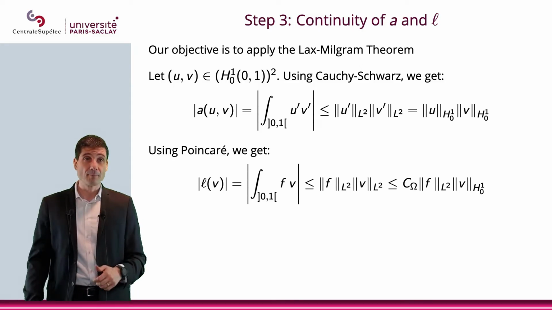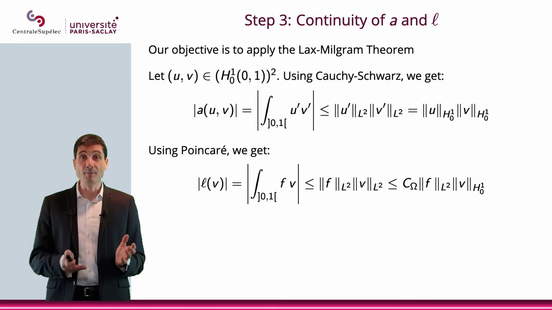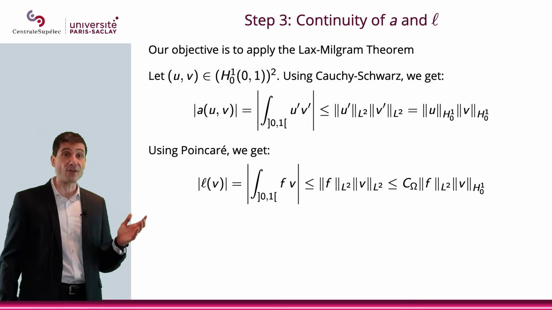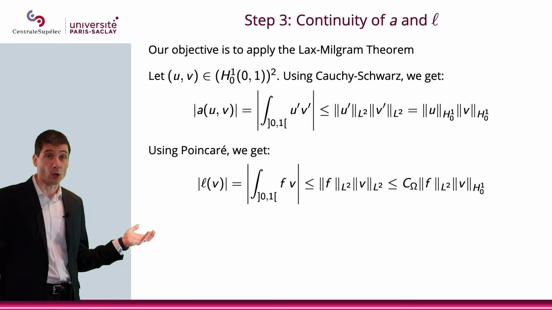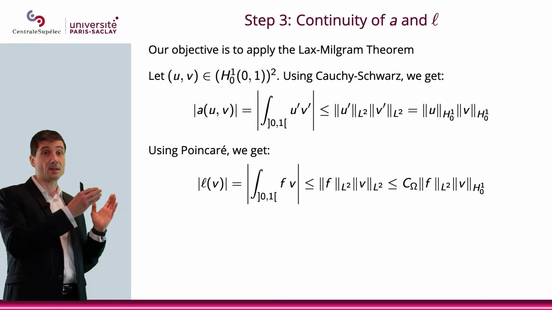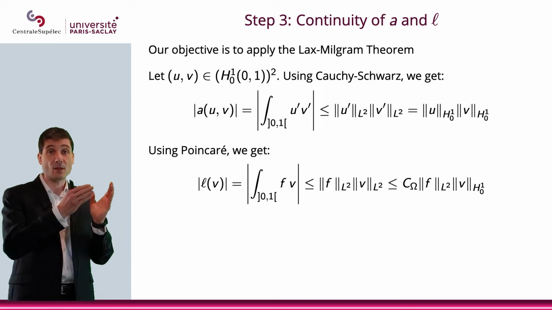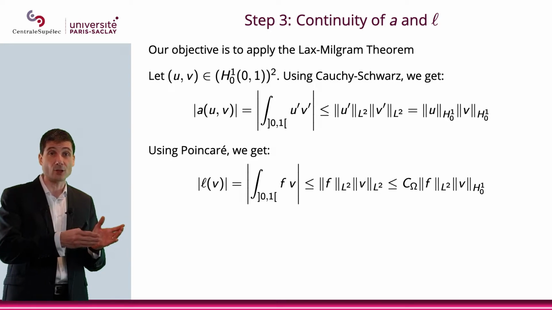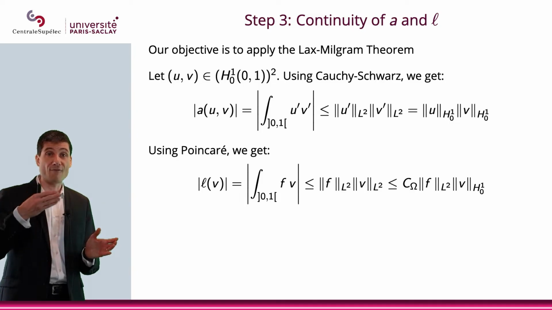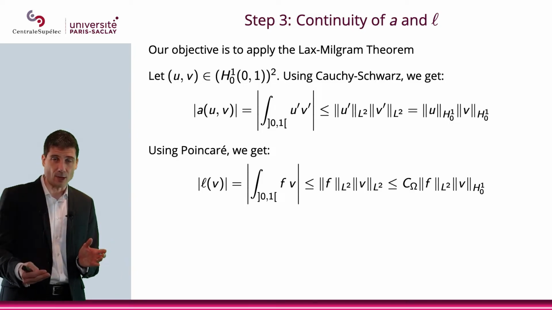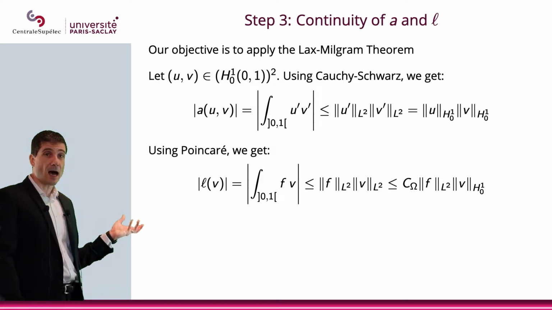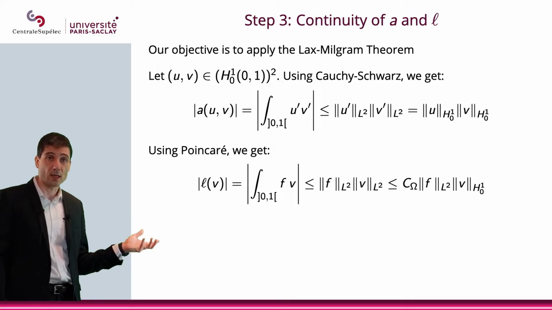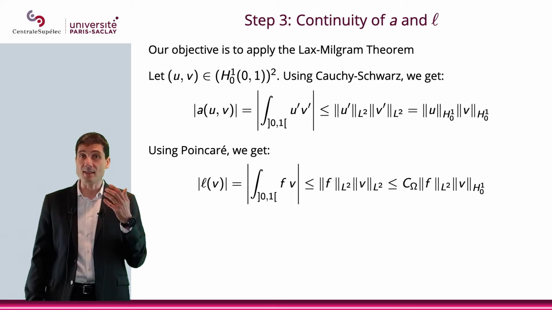What about L? Well, using Poincaré now, I will have that L(v) is smaller than a constant times the norm of f in L2 times the norm of v in H10. Now, as you can see, that will give me continuity in H10.